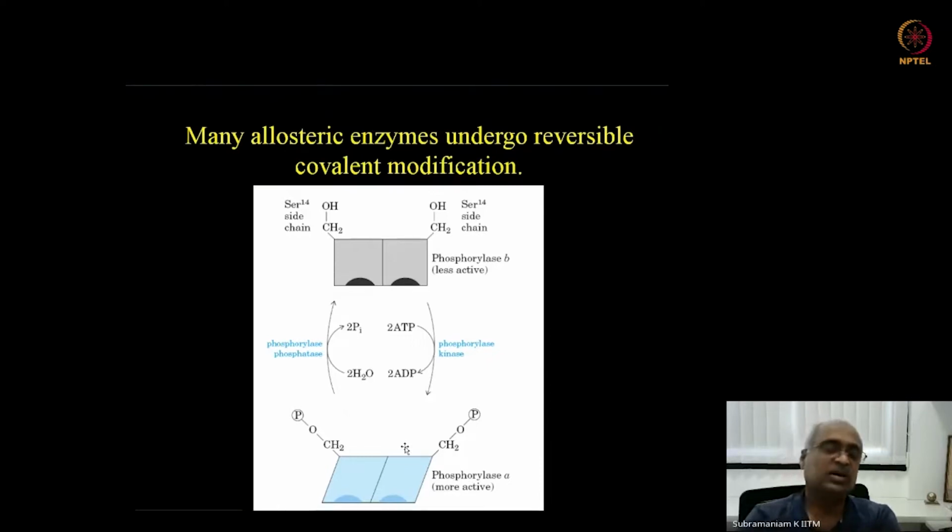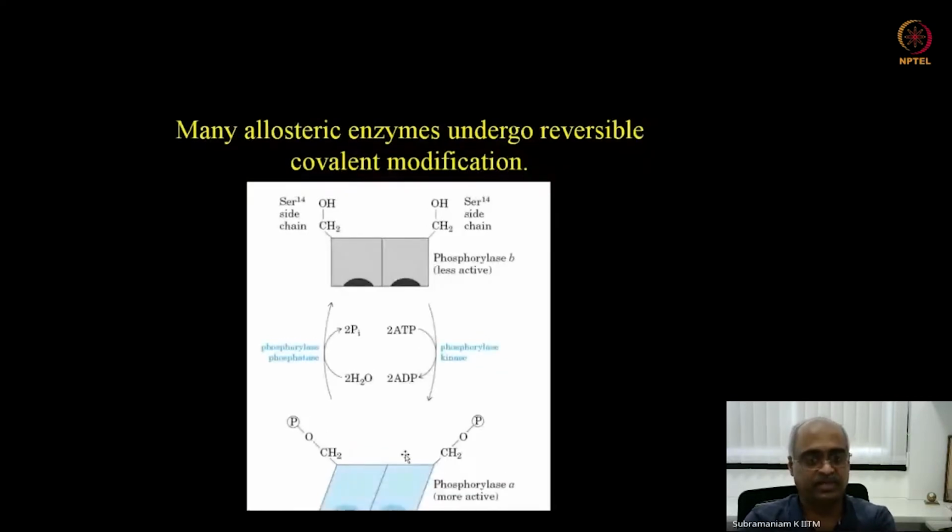So this phosphorylation is a very common modification of a variety of enzymes, not just phosphorylase itself. This phosphorylation-based regulation of enzyme activity, when originally discovered, people did not realize its prevalence among a very large number of proteins.